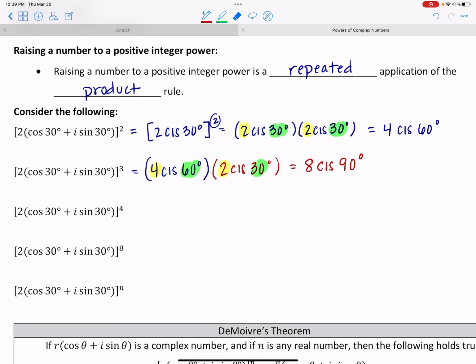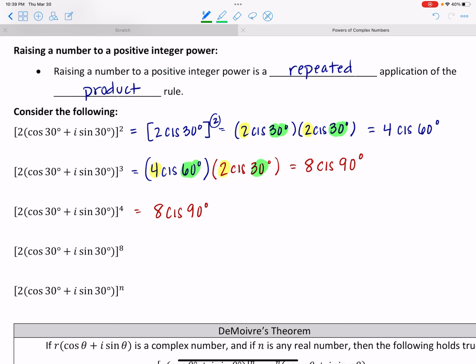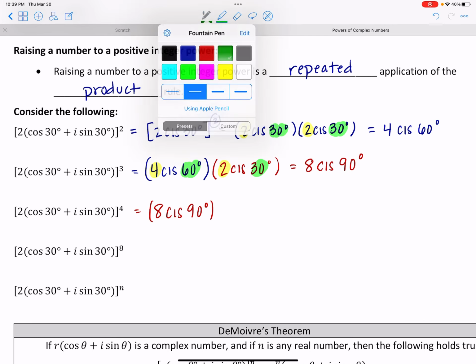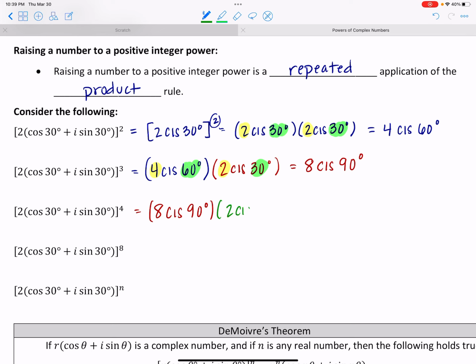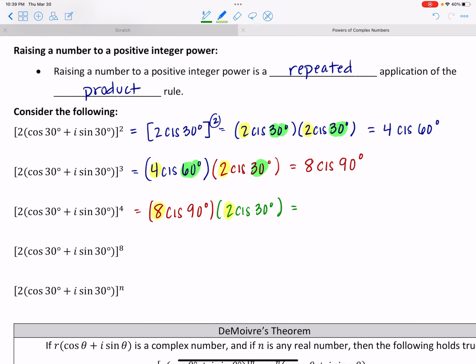So if I can take what I have here, that's the cubed version, multiply by another factor, I'll get the fourth version, the fourth factor, to the fourth power. So I'm going to take my 8 cis 90 and multiply it by another factor of itself. Let me multiply, oops, forgot to put my parentheses, by, again, 2 cis 30. So we're going to do this, and again, multiply those absolute values. So the 8 times the 2 is going to give us a 16.